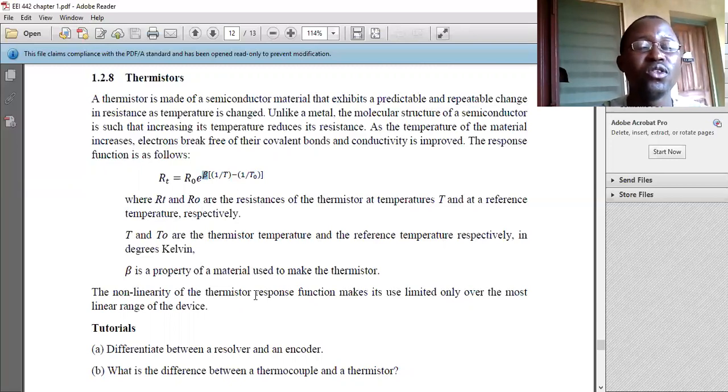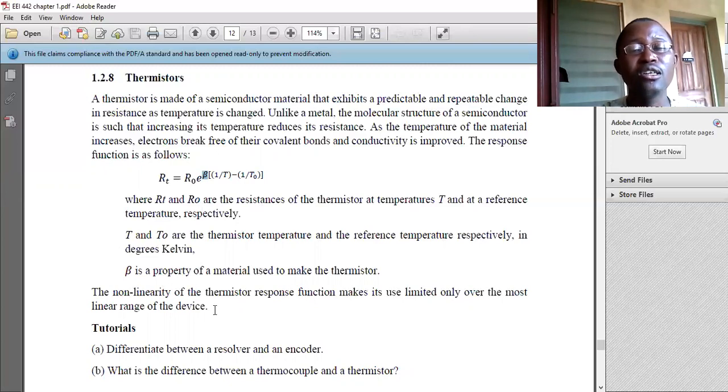So the formula will be used to determine the resistance that the thermistor will generate based on the change in temperature that we are measuring. The temperature we are measuring is T, and the reference temperature is used to determine that. This is an exponential equation that can be solved once you have the necessary parameters.